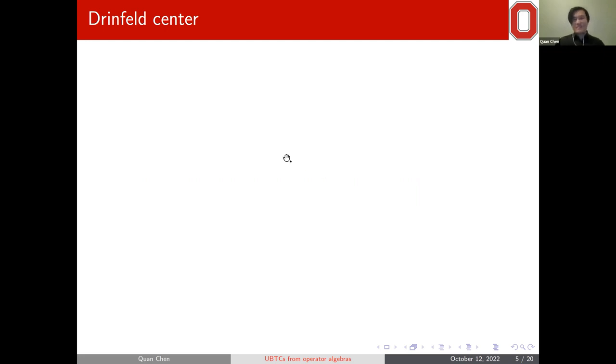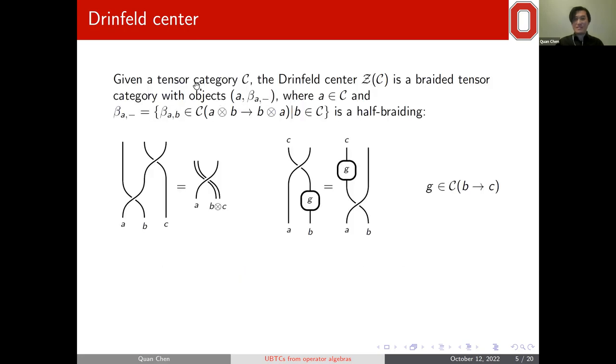Next thing. There are not many constructions of braided tensor category, and the Drinfeld center construction is maybe the most famous one. So start with a tensor category C. Its Drinfeld center is a braided tensor category with objects (A, beta A dash), where A is an object in C, and the beta A dash, which we call the half braiding, is a bunch of isomorphisms.